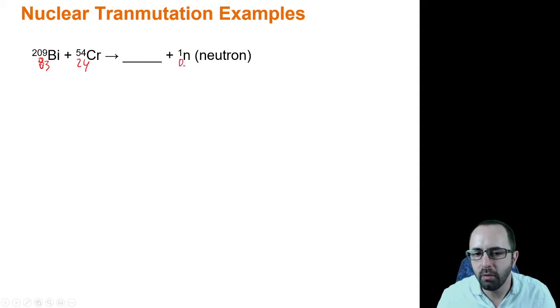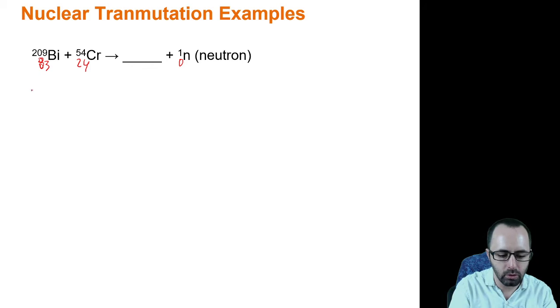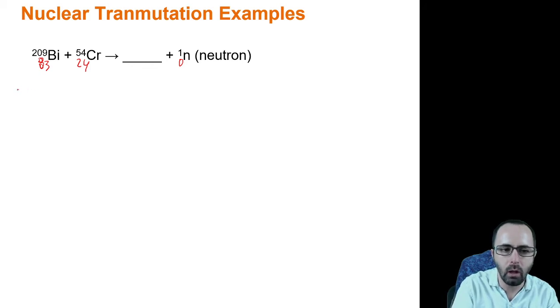And so just like before, when we're doing these, we need to make sure that both sides add up to the same thing in terms of mass numbers and in terms of atomic numbers. So if we're doing mass numbers on the left here, so for our A, or our mass number, this is going to be on the left side here, 209 plus 54.